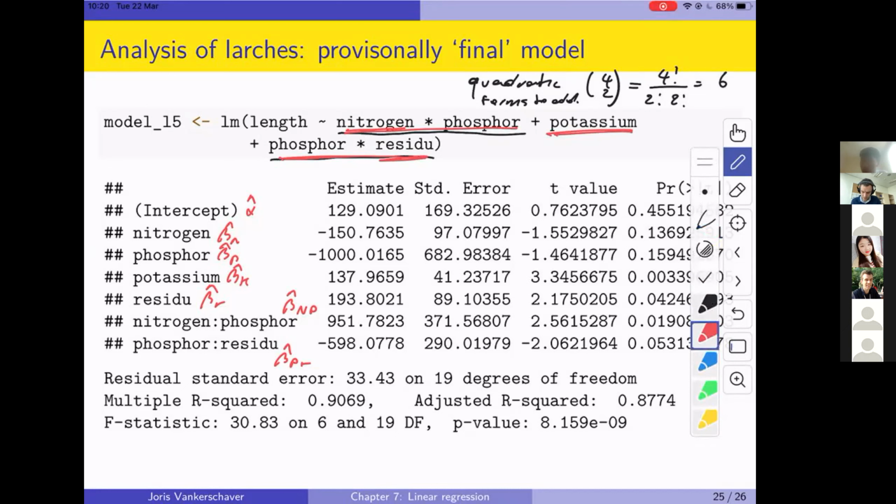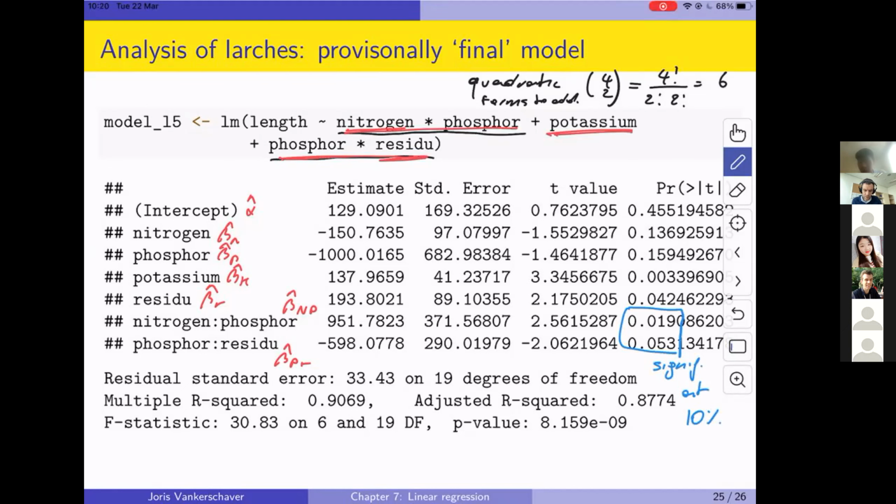So here, if we look at our p-values for those 2 terms, then what we see is that they are both significant at the 10% significance level. So one is 5.3% and the other one is 1.9%.